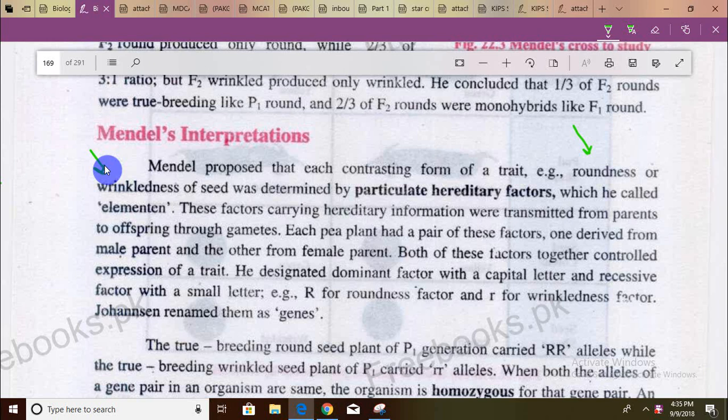Now this is particularly important. Particulate hereditary factors, and we now know them as alleles, which is obvious, which I think you got already without me having to point it out. Elemental, kind of like element, but with an N at the end of it.